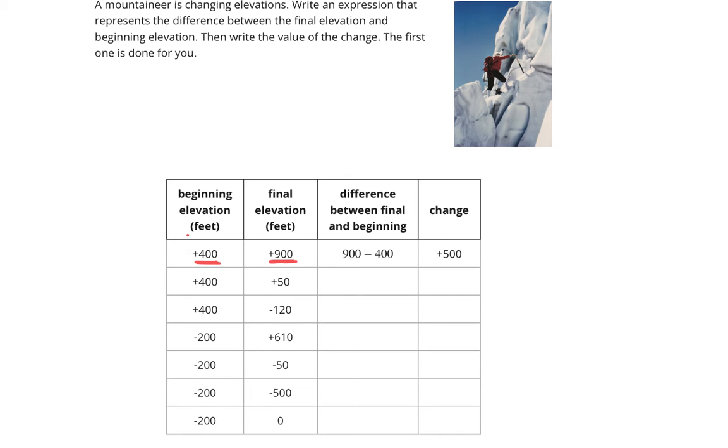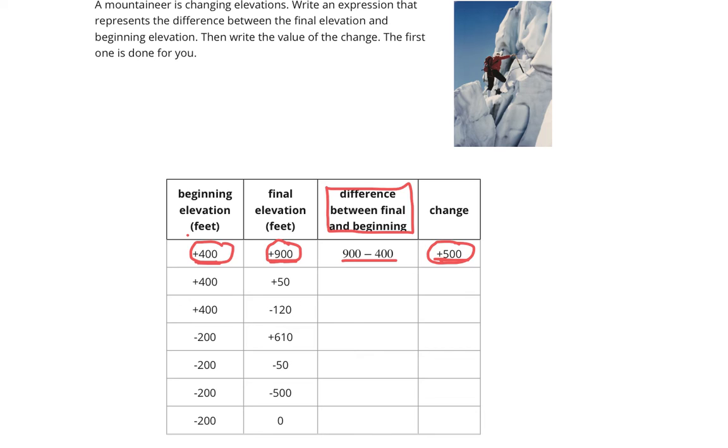The question is, write an expression representing the difference between the final and the beginning. So notice they started with the final, the 900, and they're subtracting the 400. The difference between them is that change of 500. So you're going to fill in this and then this. If we looked at the next one, we have beginning elevation of 400 feet, final elevation of 50 feet.